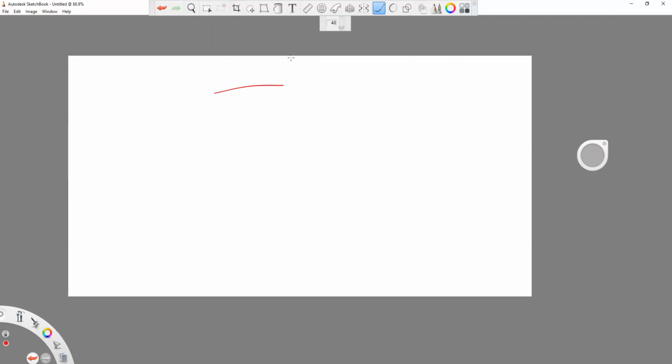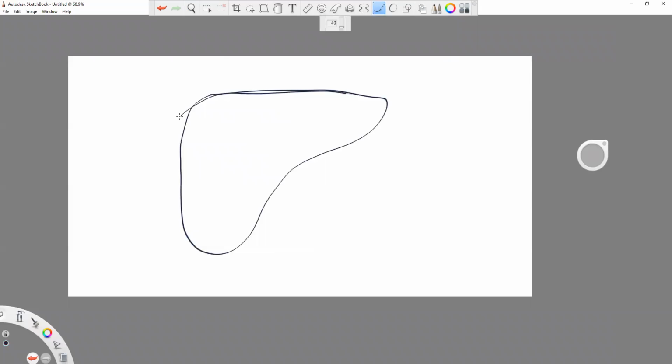Well, once again, we'll draw the liver. And let's draw a diaphragm. I wish I hadn't done that. All right, well, don't need the diaphragm, but that diaphragm's there. You know that it's there.